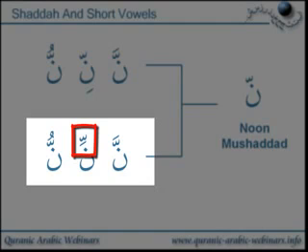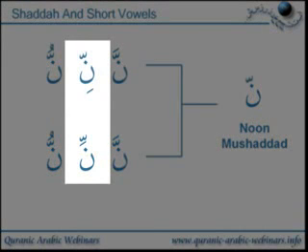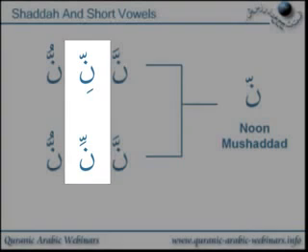The kasra is written above the letter, but because it's actually under the shaddah, we know it's representing a kasra. So in both the Majidi and the Uthmani script, as long as the kasra is underneath the shaddah, it will be a kasra, regardless of whether it's actually below the letter or above the letter. So you look at its position in regards to the shaddah, not the actual letter.